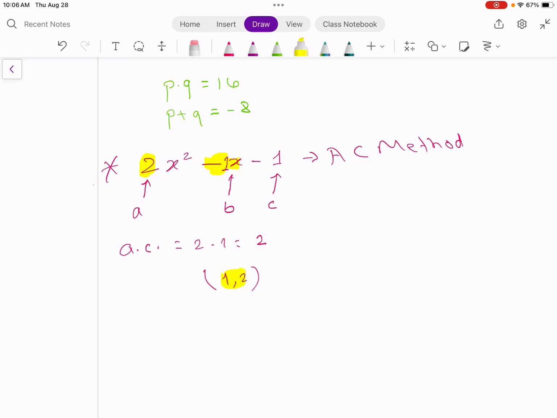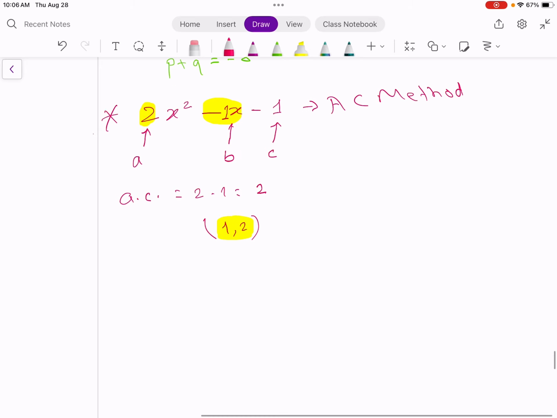So negative x is equal to x minus 2x, right? So using this pair of factors, we have to rewrite our middle term. So here we have 2x squared, now let me use these two numbers to rewrite negative x. To be negative x, our 2 has to be negative.